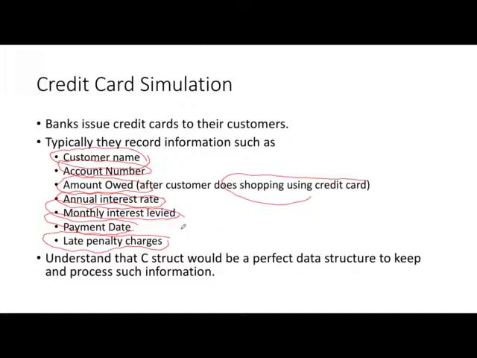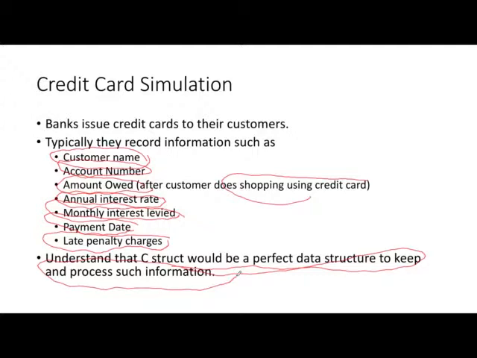And the customer's address, phone number, email, all those things will be stored as well. So you can see that with these multiple fields, a Struct or a number of structs would be the perfect data structure to keep and process credit card information.